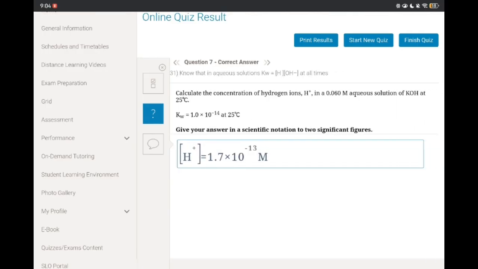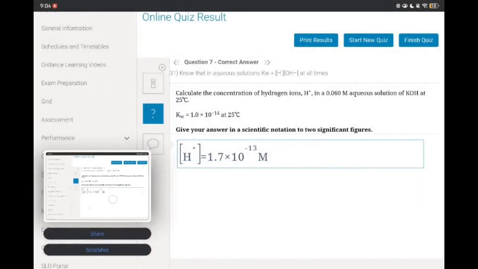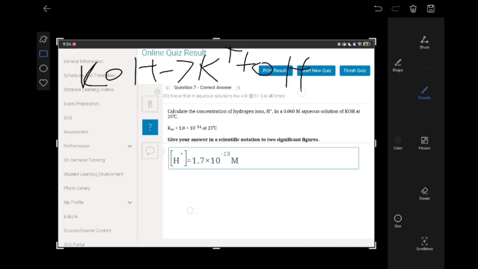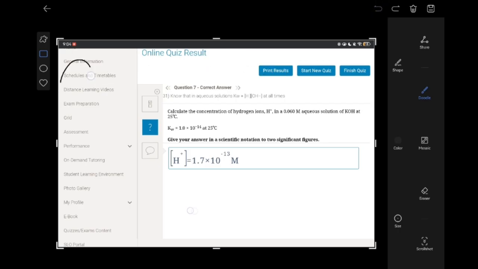Calculate the concentration of hydrogen ions in a 0.06 molarity aqueous solution of KOH. A lot of these questions are just repeats, they're really easy. So you can see already it's a 1-to-1 ratio. KOH gives you K plus and OH minus, 1-to-1 ratio, so it's the same concentration. 0.06 equals OH minus.